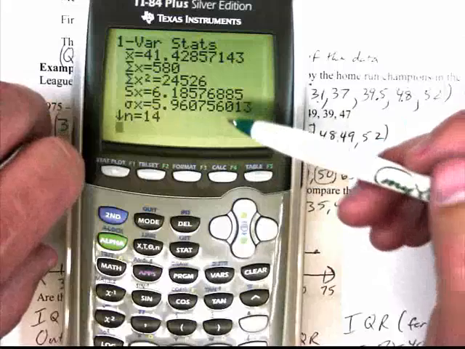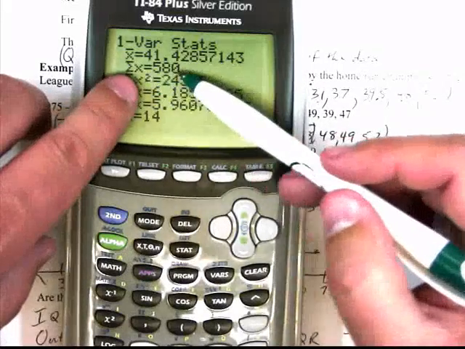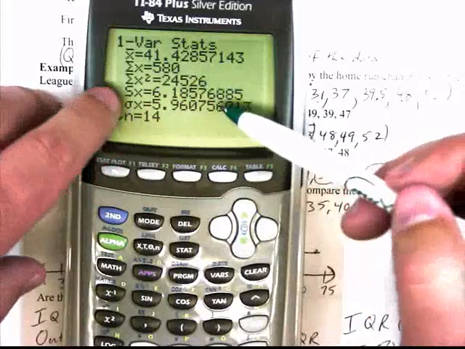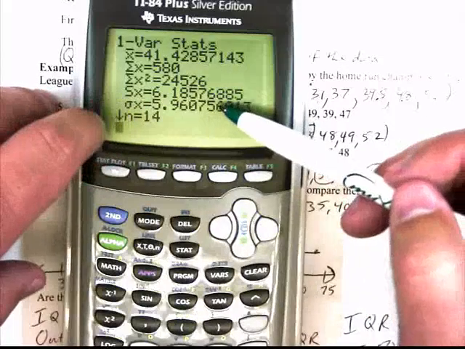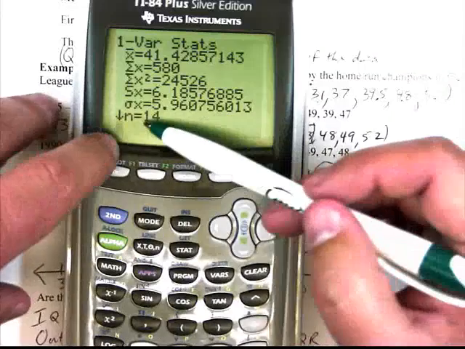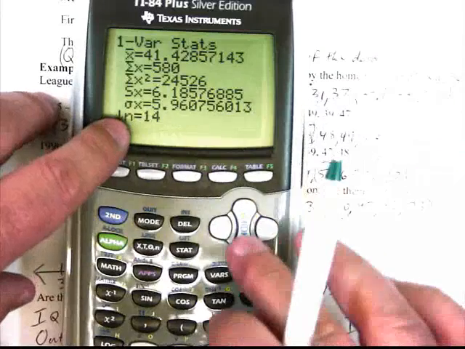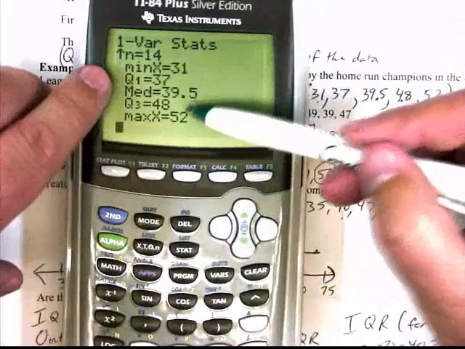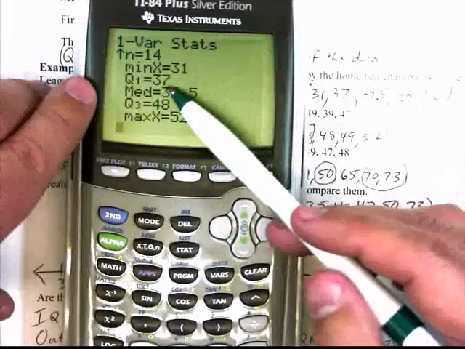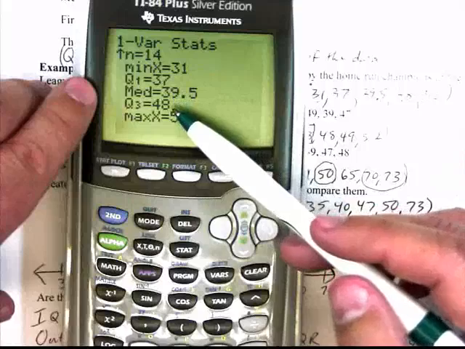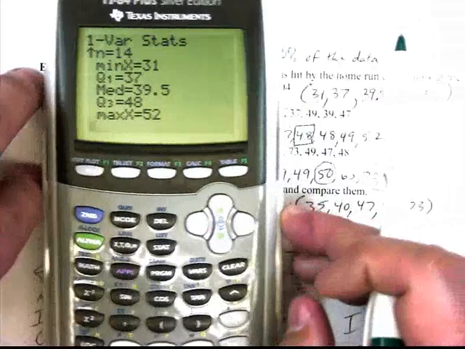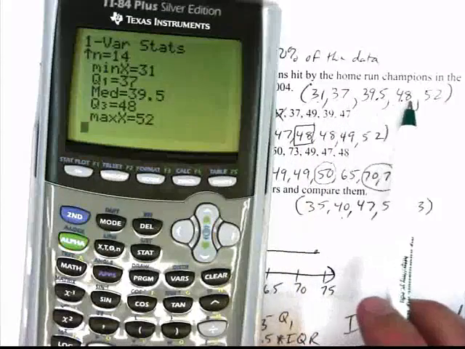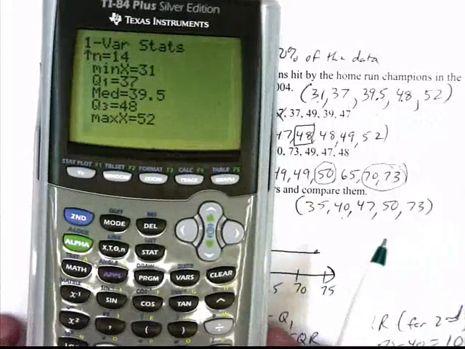So that's our mean for the set of data. This is the sum of all the data points. That's the sum of the data points squared. These are two different standard deviations. We'll talk about those in a later section. This is the number of data points. And then if we scroll down, we actually have our 5-number summary. We have 31, 37, 39.5, 48, and 52. And if we look over at our data here, 31, 37, 39.5, 48, and 52.